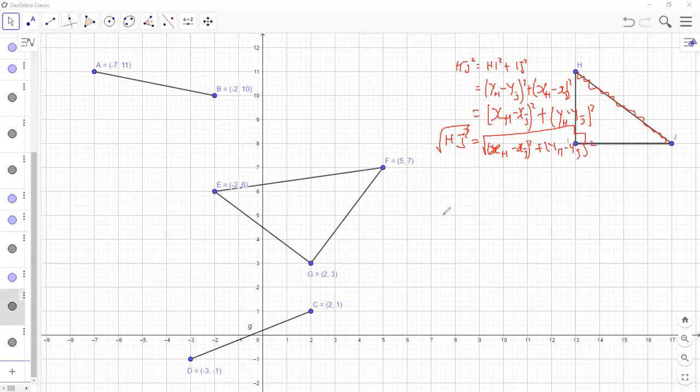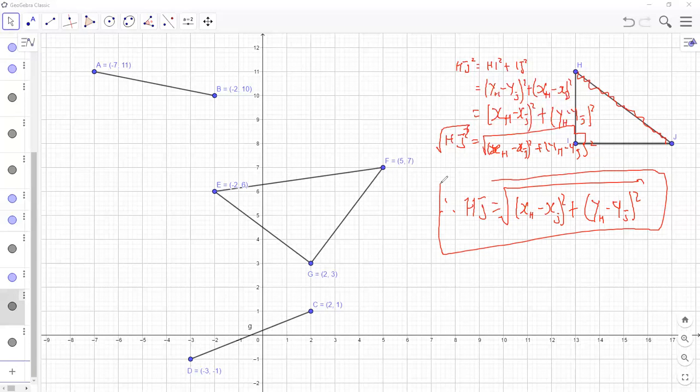So in general, between any 2 points, in this case H and J, if I want their distance, I can simply say x at H subtract x at J, square the result, add yH minus yJ, and of course, you square that result as well.